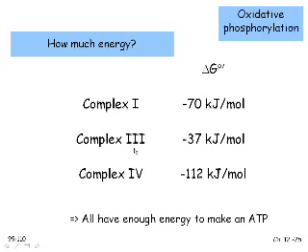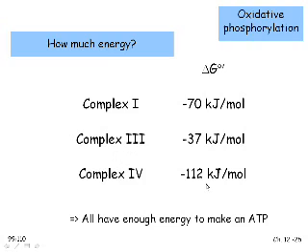Well, how much energy can we get out of this? One way to think about that is looking at the delta G associated with these reactions. The net reactions at complex 1 have a delta G of minus 70 kilojoules. Complex 3 has minus 37. And complex 4 has minus 112.